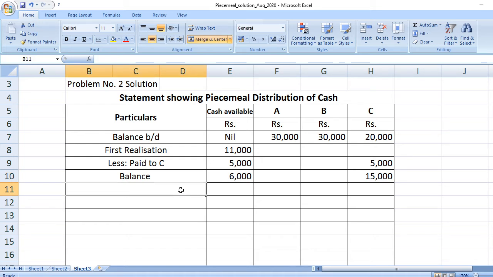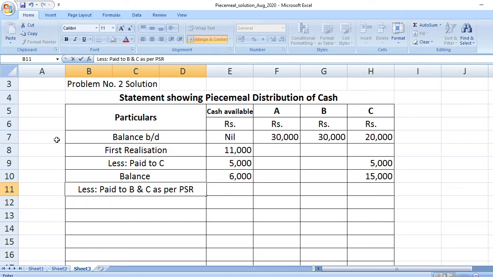Now how is it paid? So less paid to B and C as per their profit sharing ratio.